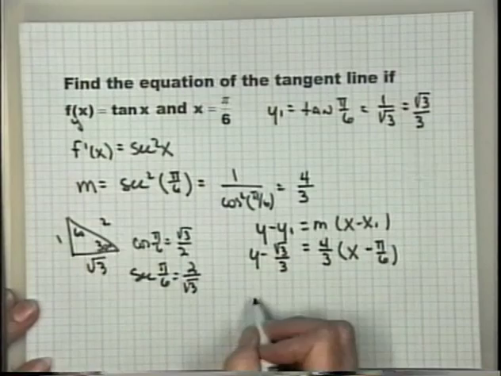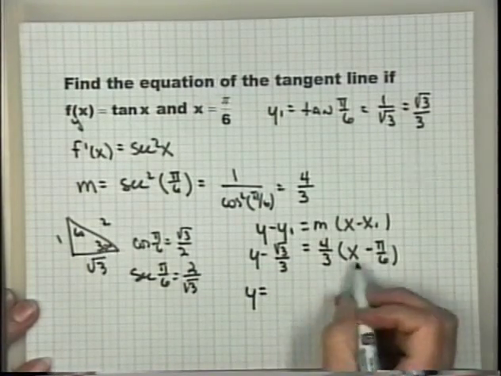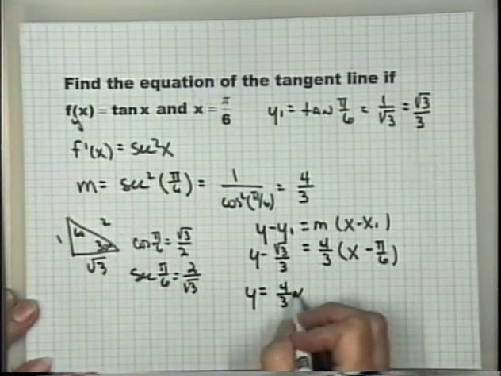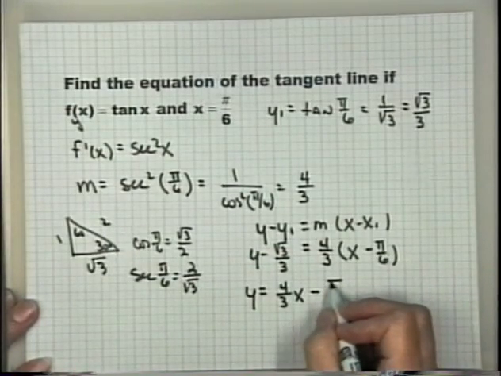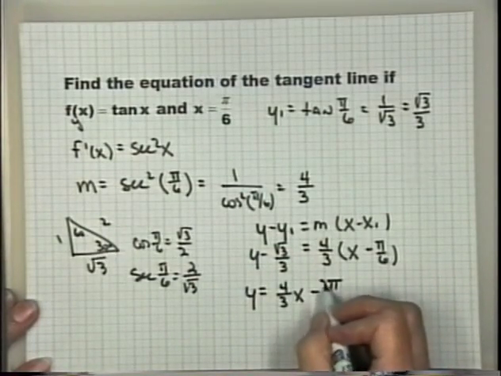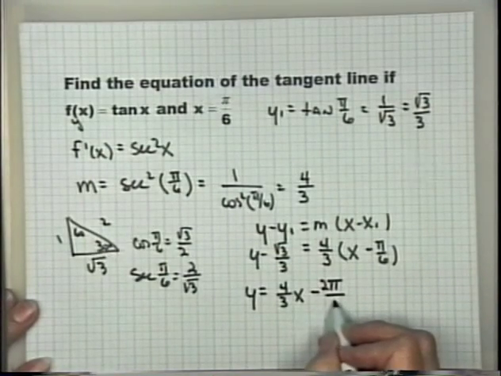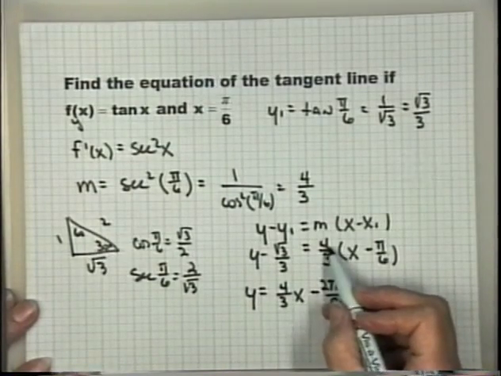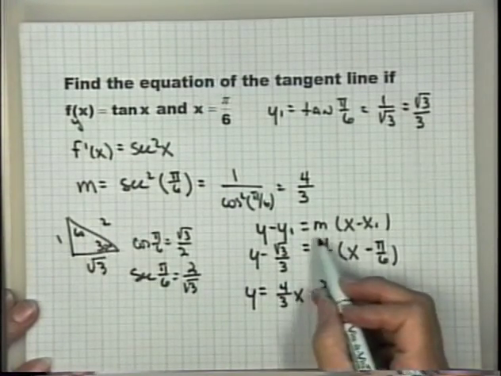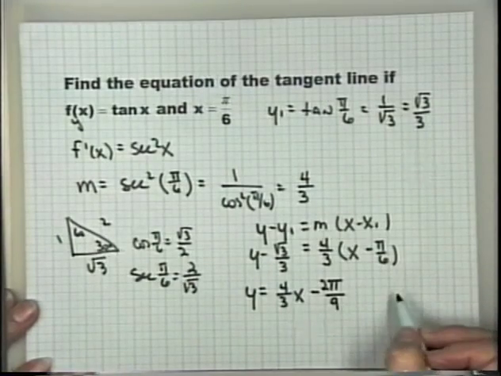And then we can simplify this if we solve for y. Let's distribute that 4/3. 4/3 x minus 4/3 times negative pi over 6. We're going to get, let's see, 2 pi over 9. I'm trying to reduce that as I do. 4 and 6 have a common factor of 2, so you get a 2 here and a 3 here. It gives us our 2 pi over 9.